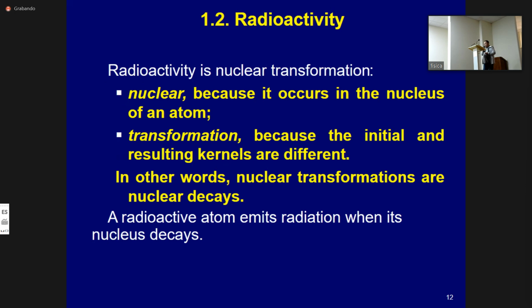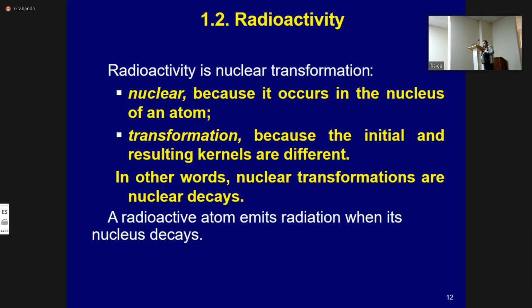During the transformation of an unstable nucleus into a more stable one, energy is released in the form of radiation of charged particles, like beta or alpha particles, in rare cases protons, and electromagnetic radiation quanta, photons.